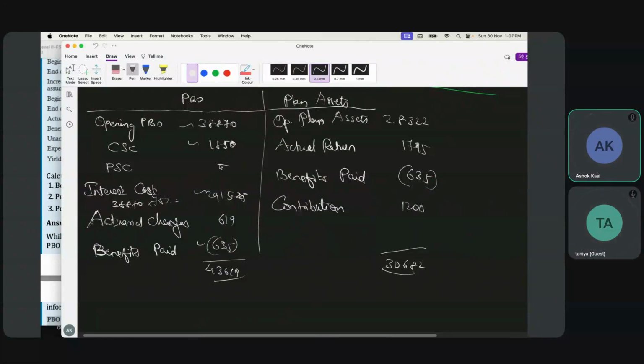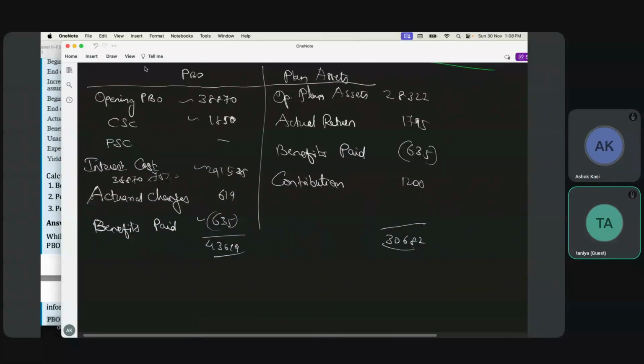38,870. Yes, sir, matching. Right hand side you check.